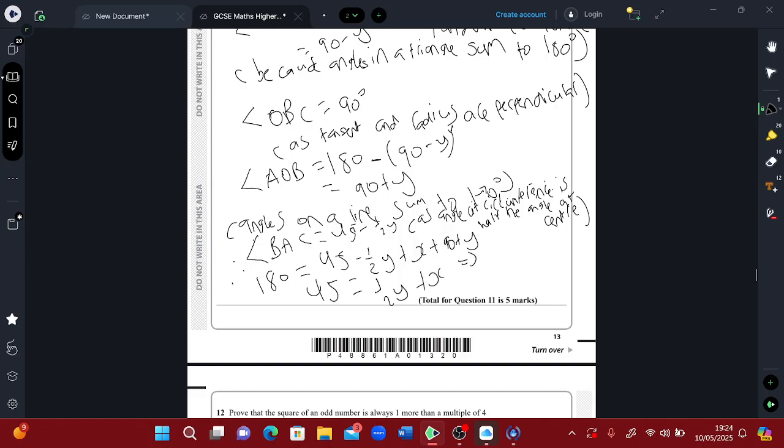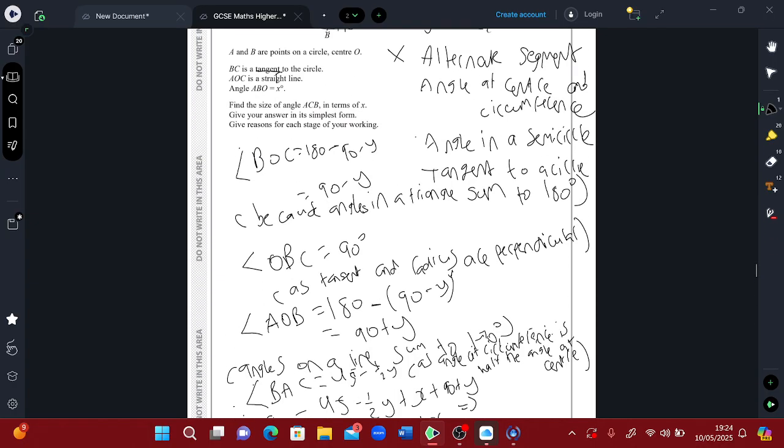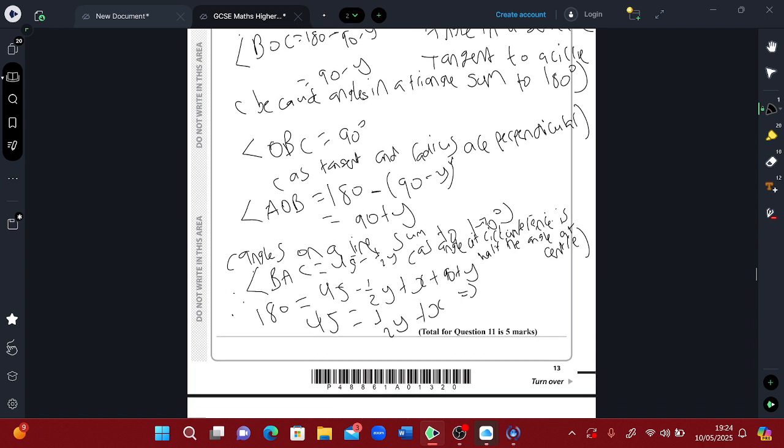And actually, they want us to express the angle in terms of x, so y has to be in terms of x. That means a half y is going to be 45 minus x. Therefore, y is going to be 90 minus 2x. And I hope that is right. My God, these beastly circle theorem questions, man.